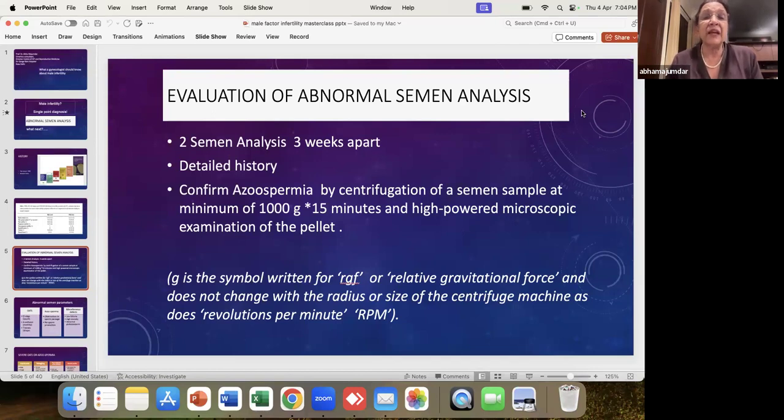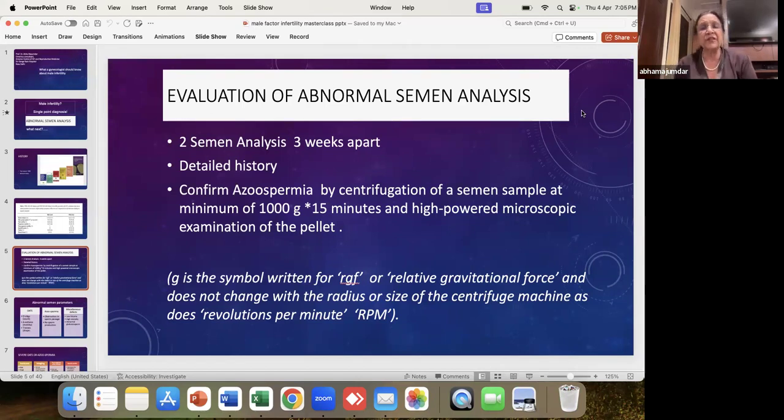And if there is no sperm in the semen, if it is azoospermia, you will send it again, confirm azoospermia by centrifugation of a semen sample at a minimum of 1000 Gs for 15 minutes and high-powered microscopic examination of the pellet which comes after centrifugation.